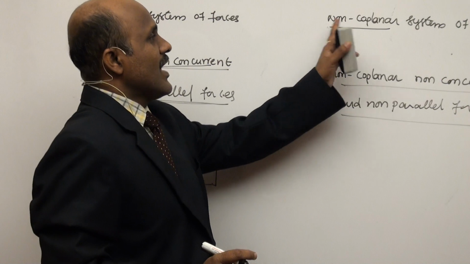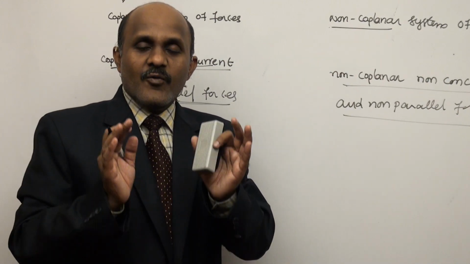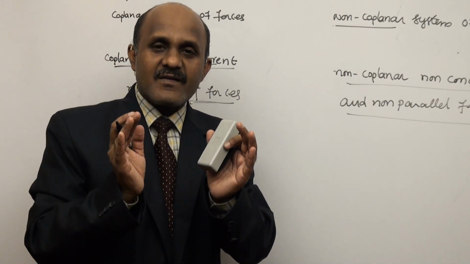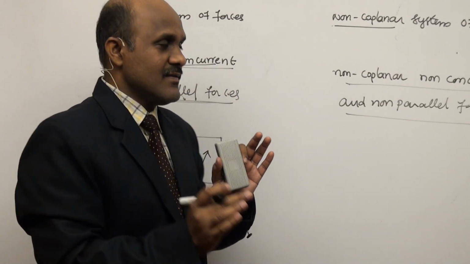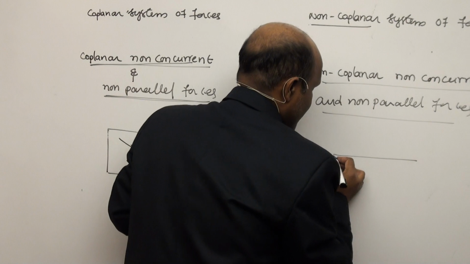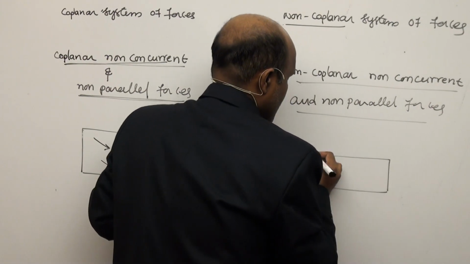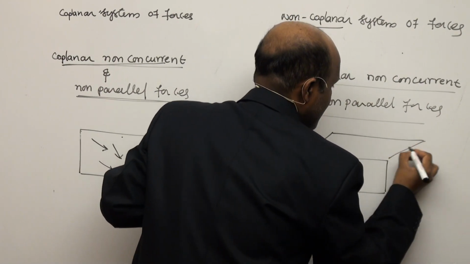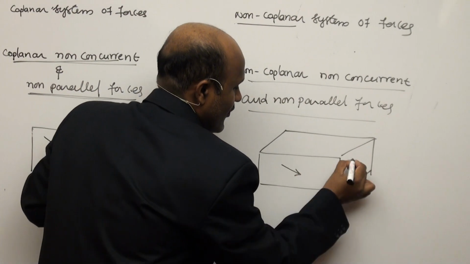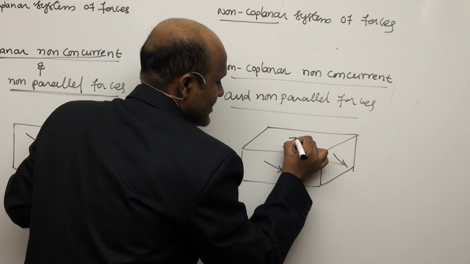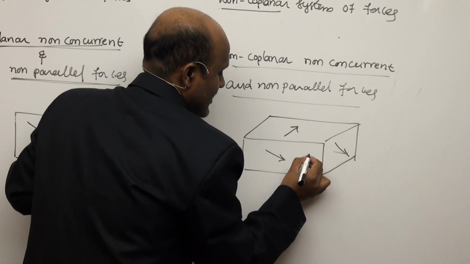Here in this case, it is a non-coplanar system of forces. Forces and their line of action are not only in a single plane, but acting in different planes. It is a spatial coordinate system, that is a three-dimensional system. A force is acting here, here, here, and here also.